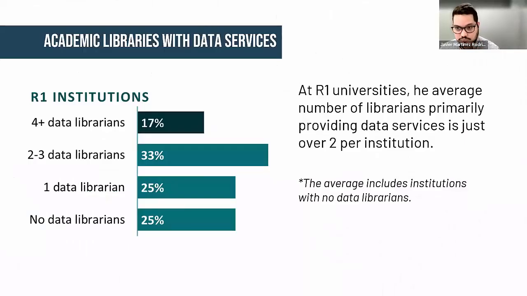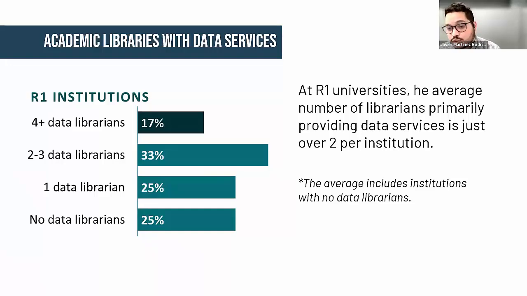Research Data Services, or RDS, have become a critically important topic for academic libraries. R1 universities, so those are doctoral universities with very high levels of research activity, and others in that category, have a range between 0 to 10 data librarians, with an average of about 2 data librarians per institution.